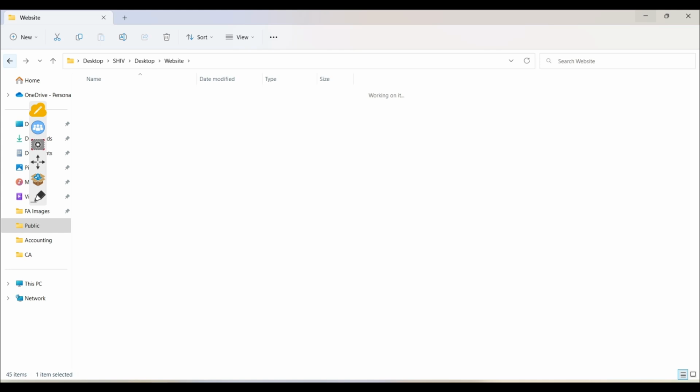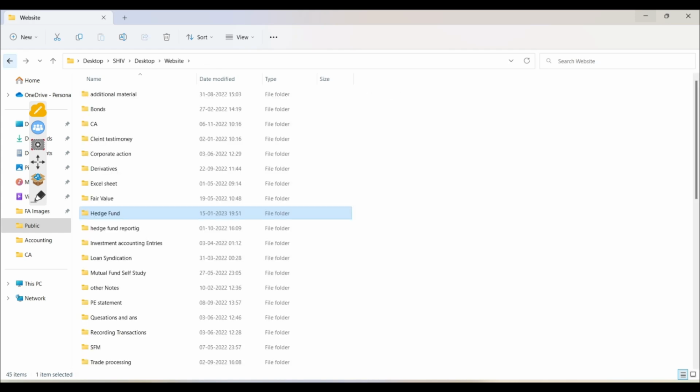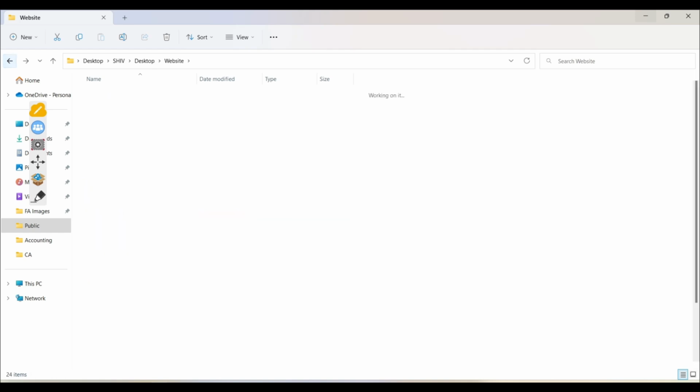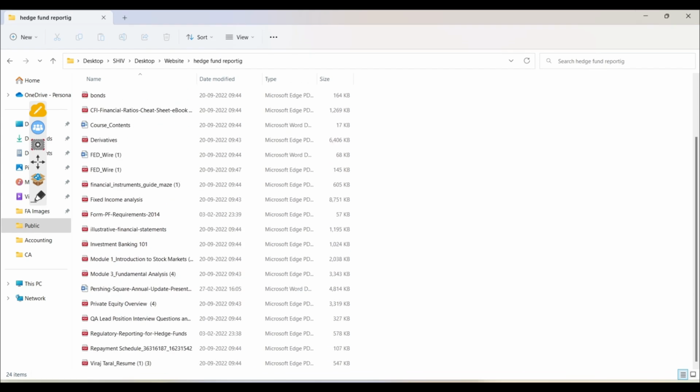Maybe in a hedge fund it should be, if it is master feeder, equalizing, trading, hedge fund book, notice. I'll send you that in a notice format on WhatsApp. Just check it.